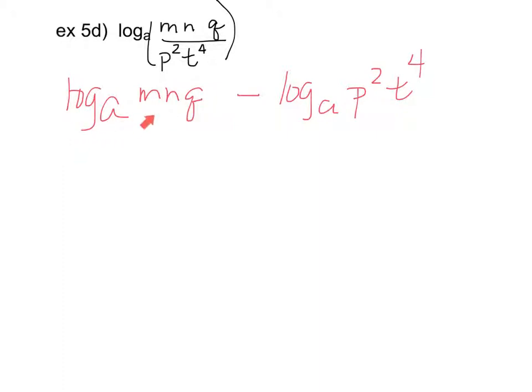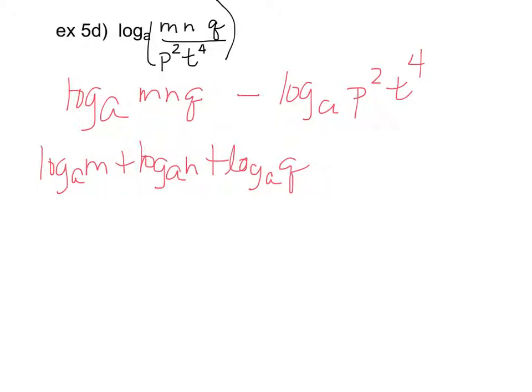What is happening here? mn and q, what operation is being done? Multiplication. So let's use the product property, shall we? What do we do with the m, the n, and the q? Add it up. You have log base a of m plus log base a of n plus log base a of q.